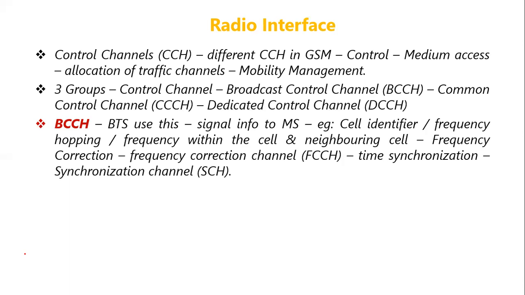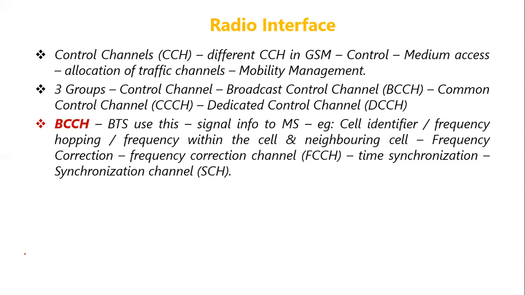So basically, broadcast control channel is used by the BTS to signal certain information to mobile stations within a particular cell. It sends information like cell identifier, frequency hopping, and frequencies within the cell and in the neighboring cell.